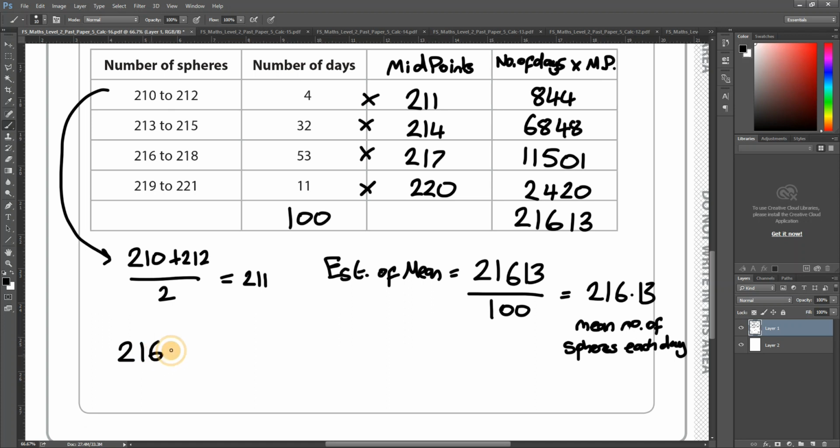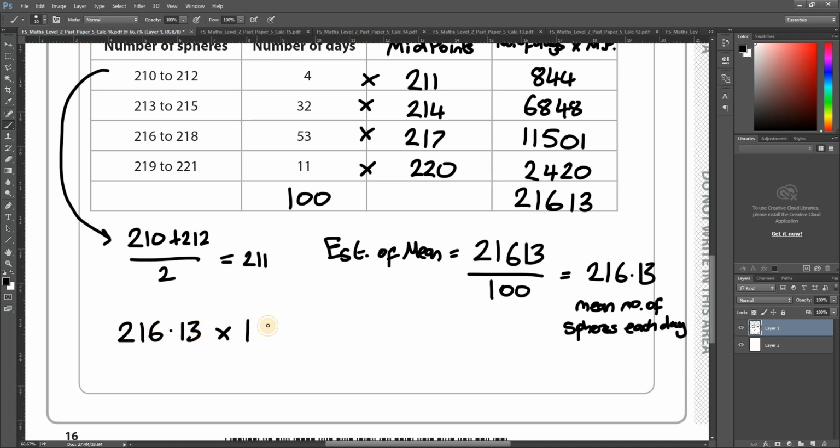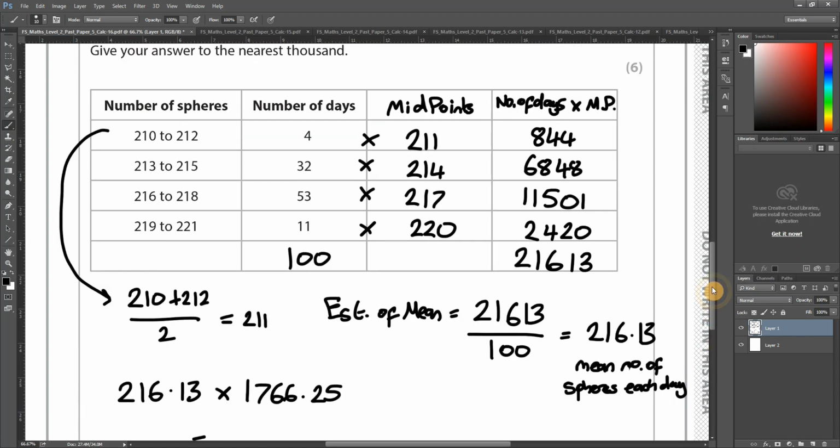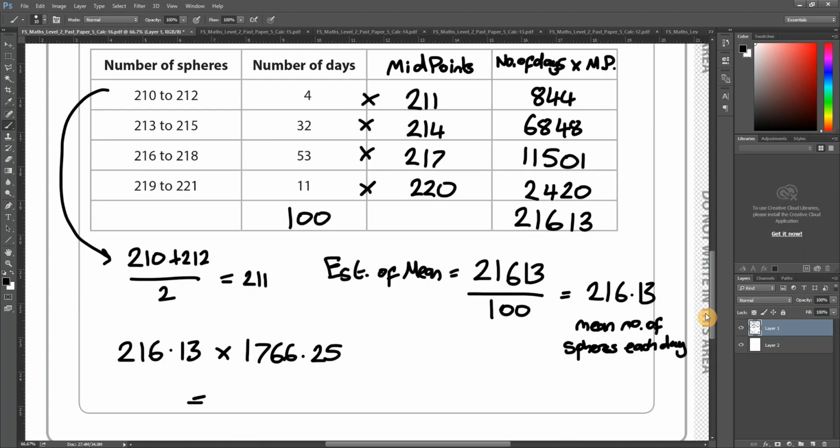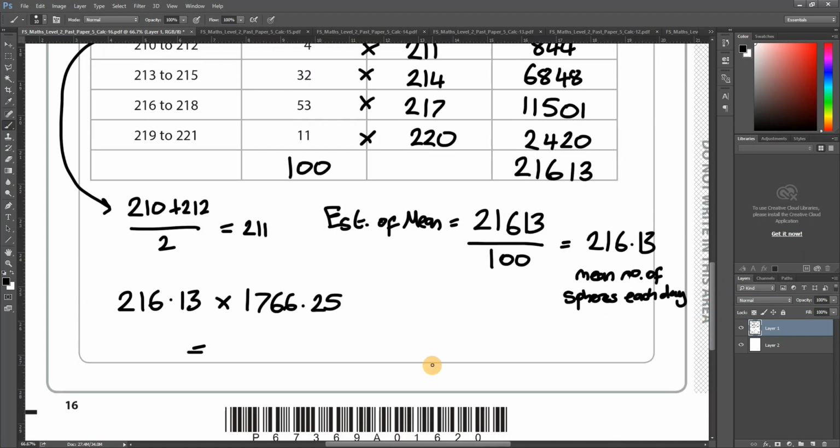So 216.13 times, let me just double check. Yeah. Let's do that in the calculator. So 216.13 times 1766.25.